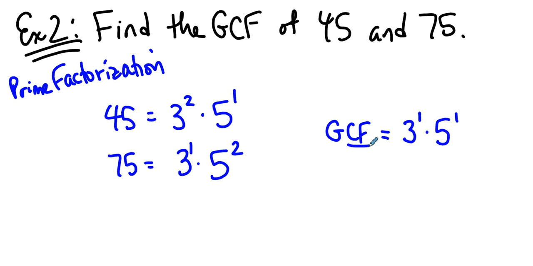So we want to make sure that 45 has that many factors of 3, 75 has that many factors of 3. And so we choose the smaller of these two powers, and then we choose the smaller of those two powers. Okay, so the greatest common factor is 15. And you can confirm that doing the intersection of sets method.